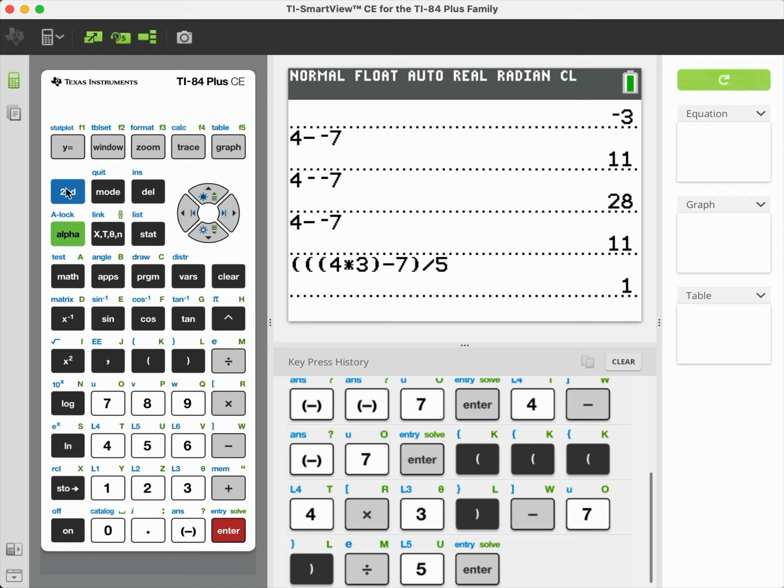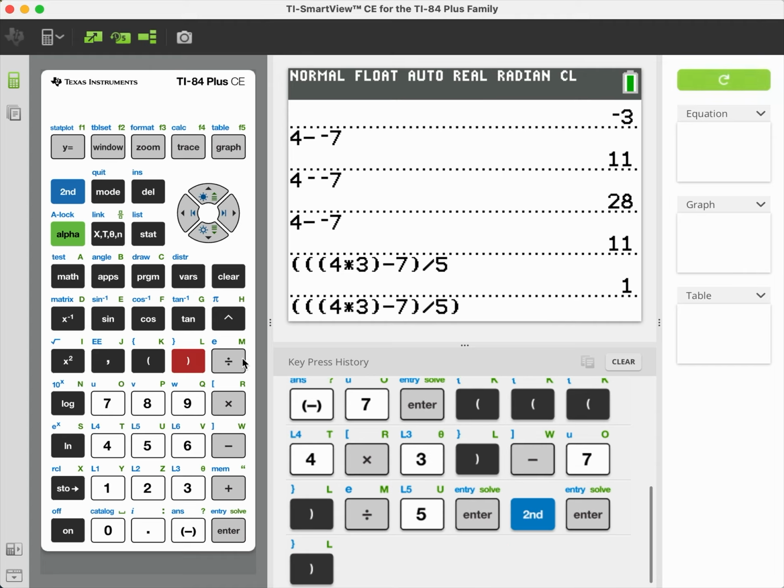I press the second button and then the enter button. There it is. Now I can add my end parenthesis and it should come out the same, 1. So if you forgot an end parenthesis at the end, it's okay, but if it's in the middle, it's not okay.